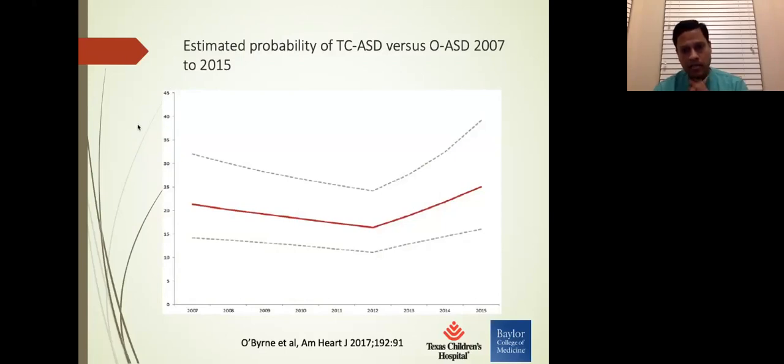And in recent years, there has again been a slight increase in surgical closure of ASDs, and that was mainly because of the reported incidence of erosions with the Amplatzer devices in recent years, where there were significant concerns for erosion, especially with large devices and large holes.